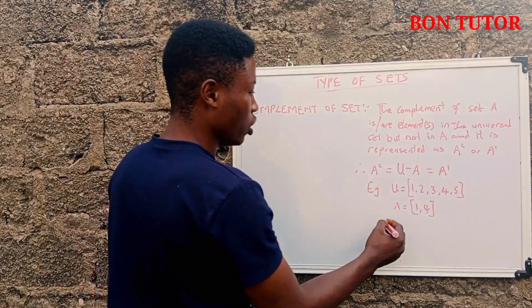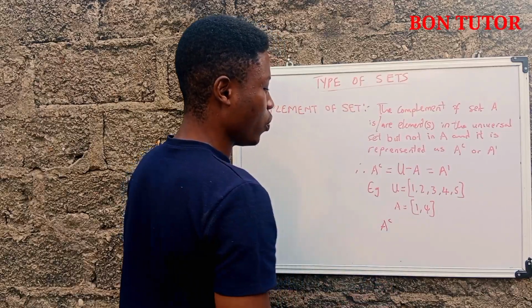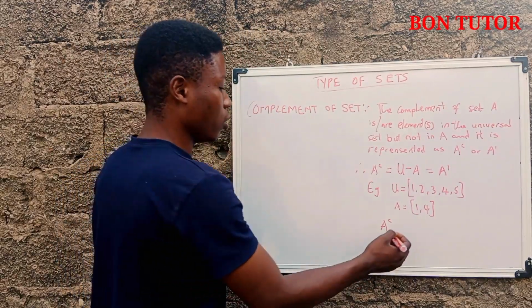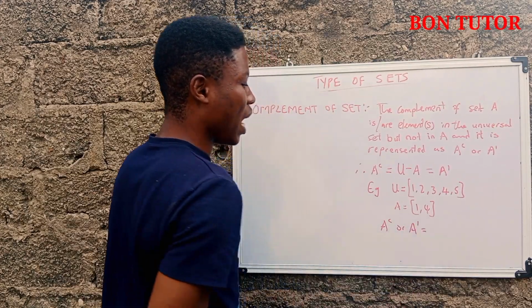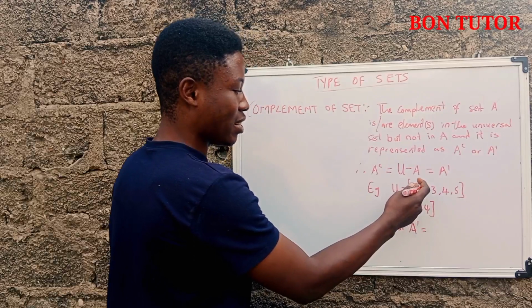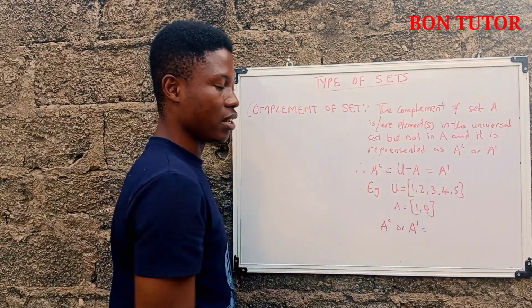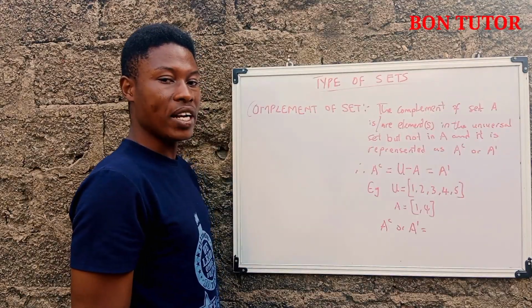And let's go on. If you're looking for the complement of set A, which is represented as A raised to power c or A prime, you have 1 in the universal set and you also have it in set A. So 1 is excluded.